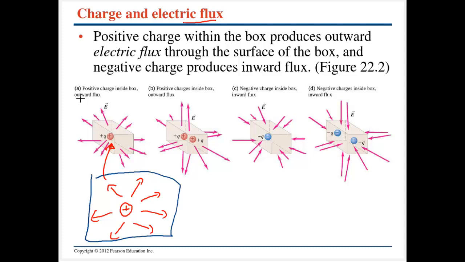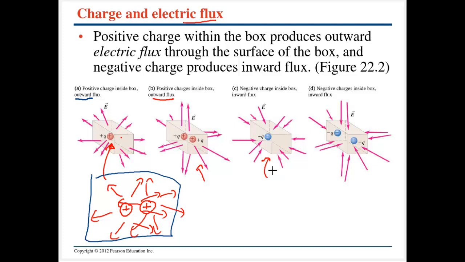Since I drew a positive charge, I'm going to define outward flow from my box to be positive flux. And if you think about it, suppose I added another charge inside my box, as I have right here, and I count the electric field lines punching through my box, it's going to double. It's going to be a positive outward flux that's double what it was for one charge.